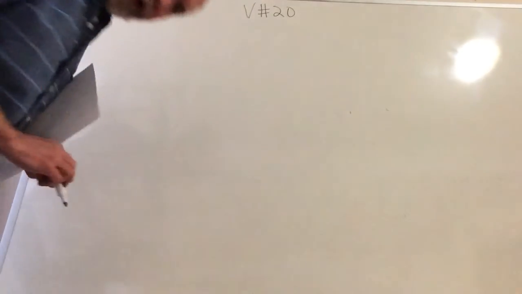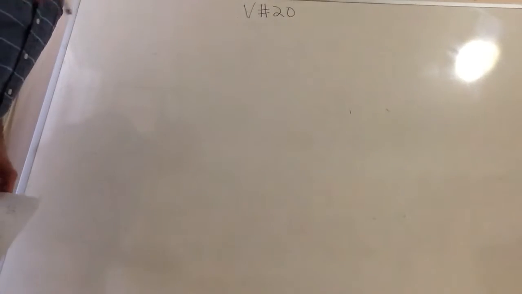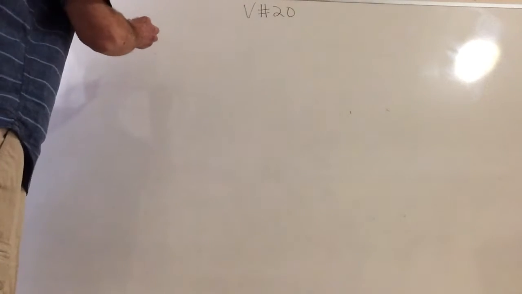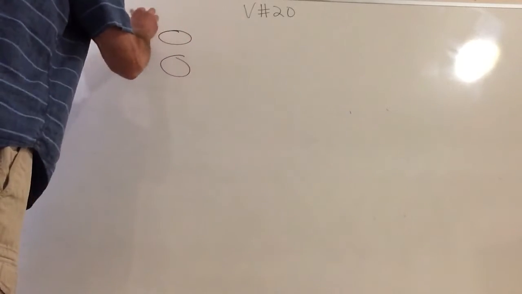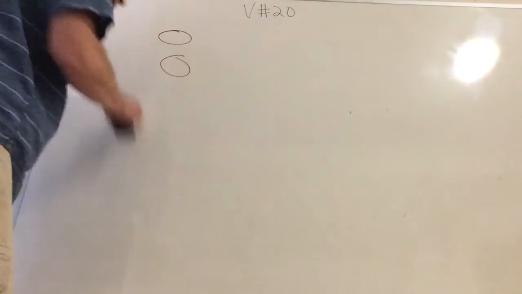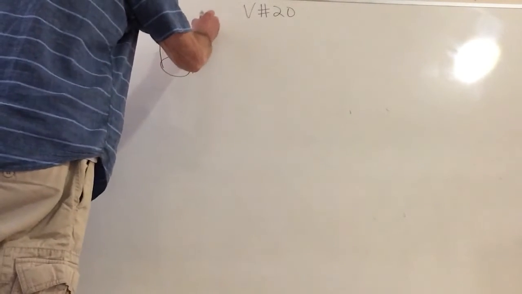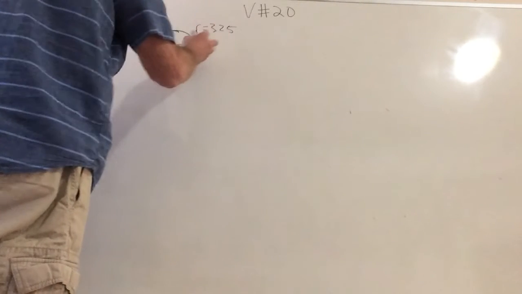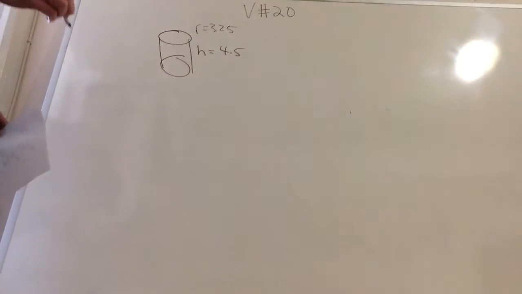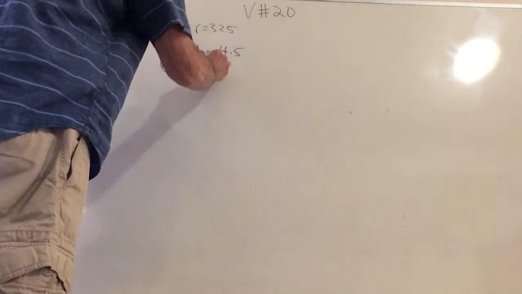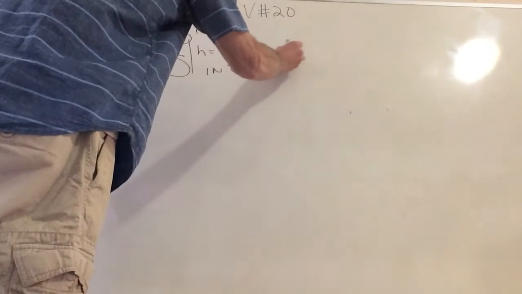Many lectures ago, I told you that if someone asks you what the volume is of a cylinder, just to make the argument easy, and you draw a little cylinder and they give you the data, let's say that the radius is 3.25 and the height is 4.5, and they want it in terms of pi, and they ask this question on the test that you'll take. What are you going to do?